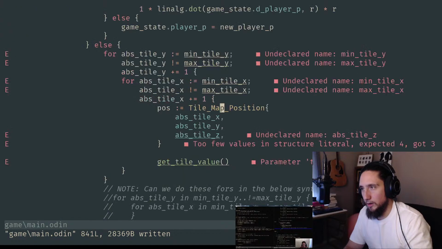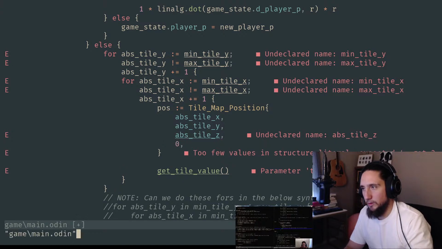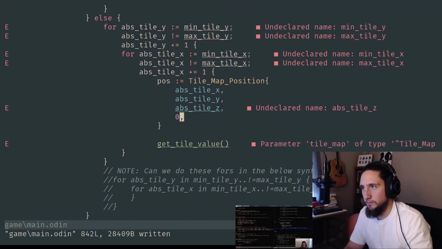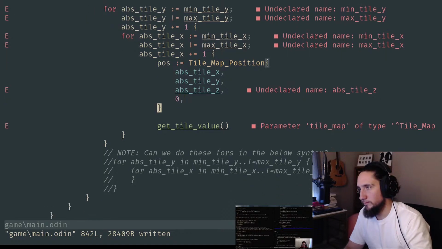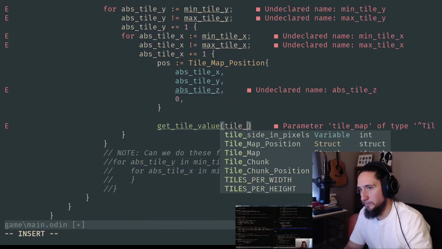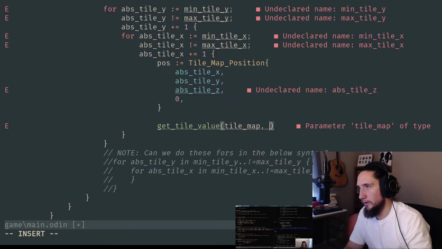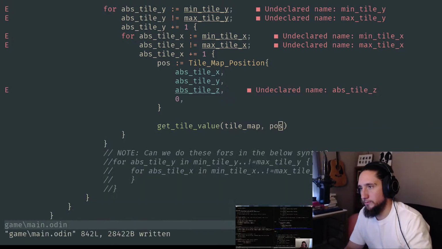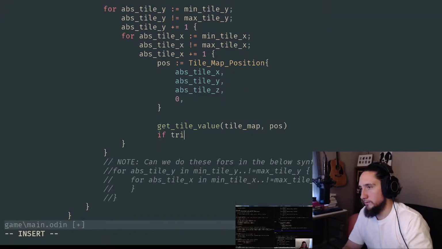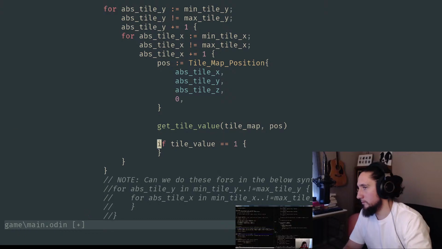Do we care about the offset being set? I could just say 0. Yeah, I think that's fine with me. And then we would pass in the tile map, except I don't have one. And then pose, right? Value, and say if tile value is empty, right? I believe 1 is our blocking thing. Let me make sure. Yeah, like that.